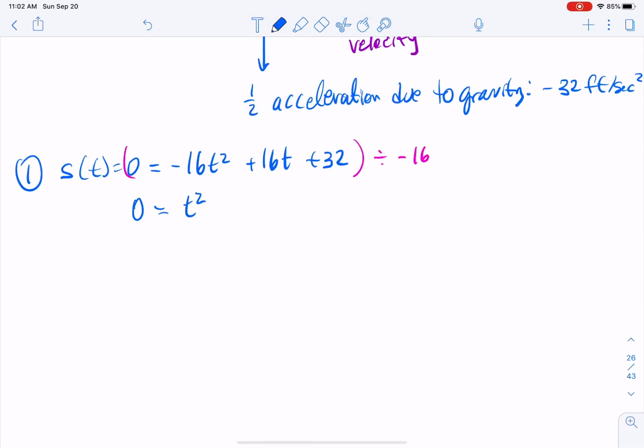That'll be t squared minus t minus 2. Now it's super easy to factor. Of course, this path is not the same thing as the original, however, it has the same zeros, and it's easier to solve. Okay, so I know that this has got to be a t and a t. I need to multiply up to a negative 2 and add up to a negative 1, so it has to be a minus 2 and a plus 1.